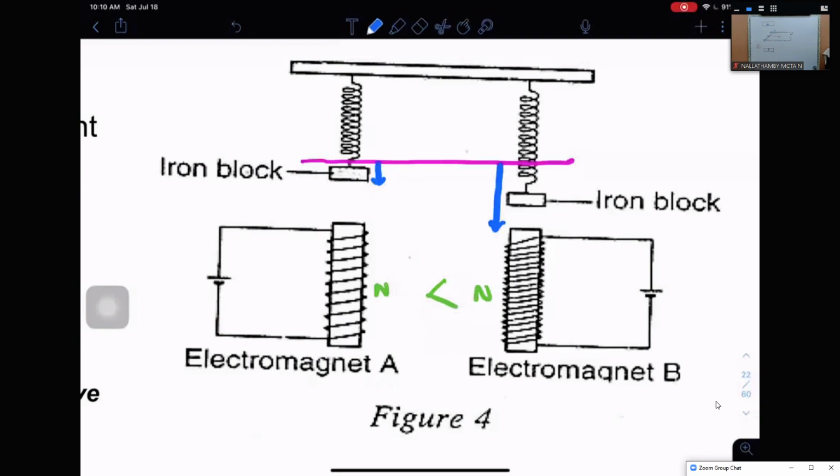So it will be displaced more. Why? Because the electromagnet B produces what? Strong force or greater force. Okay, why greater force? Because the number of turns of coil is increased, producing a strong electromagnet. Okay, so the rest you can go through on your own.